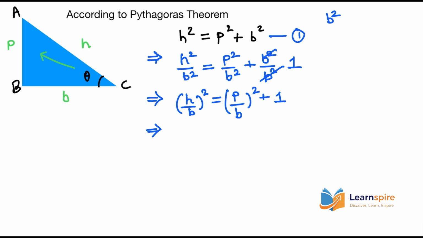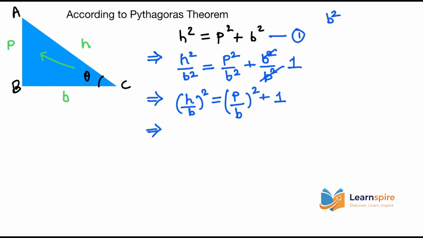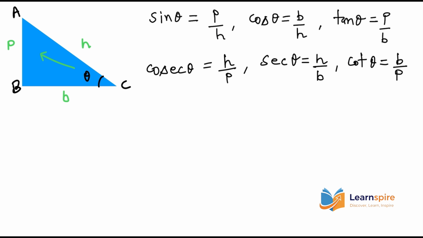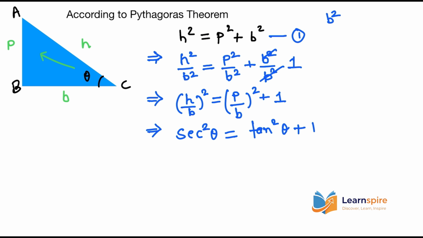Now, if we look and observe closely, h upon b is nothing but the value of sec theta, and p upon b, perpendicular to base, is the ratio of tan theta. So substituting the values, we get sec square theta equals to tan square theta plus 1.